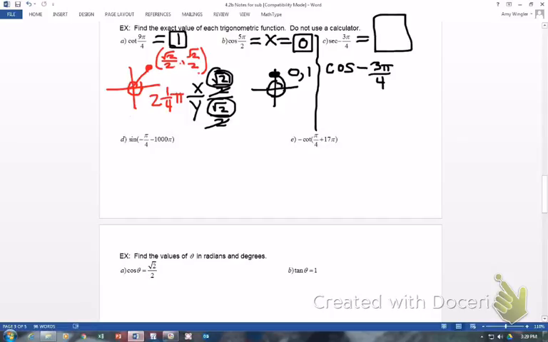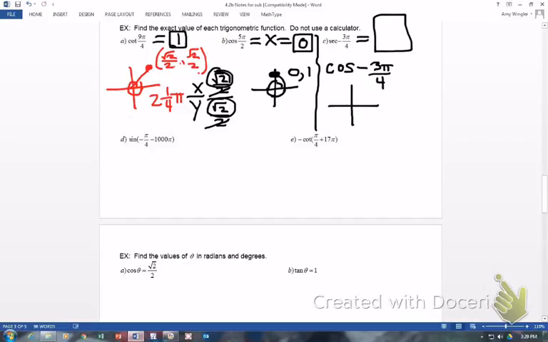So I'm going to go to negative 3/4 pi. Well, negative 3/4 pi, I have to go in a clockwise rotation. Positive 3/4 pi is in quadrant 2. We talked about last time how all the angles on the unit circle, if they're reflected over the x-axis, would be where their negative angles would be.